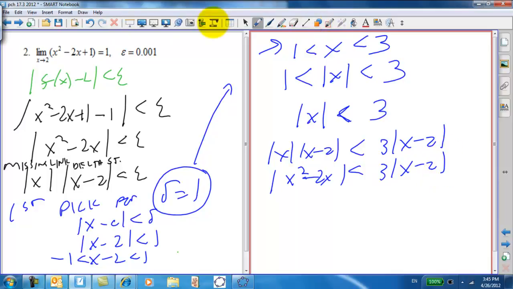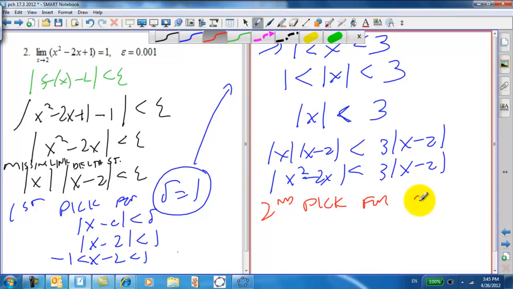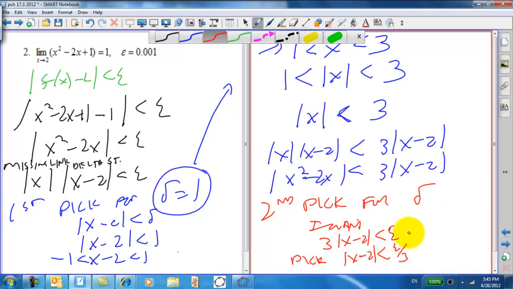Now I'm going to go into red here and make my second pick for delta. And since I want 3 times the absolute value of x minus 2 to be less than epsilon, we pick x minus 2 to be less than epsilon over 3. So you pick delta equal to epsilon over 3.